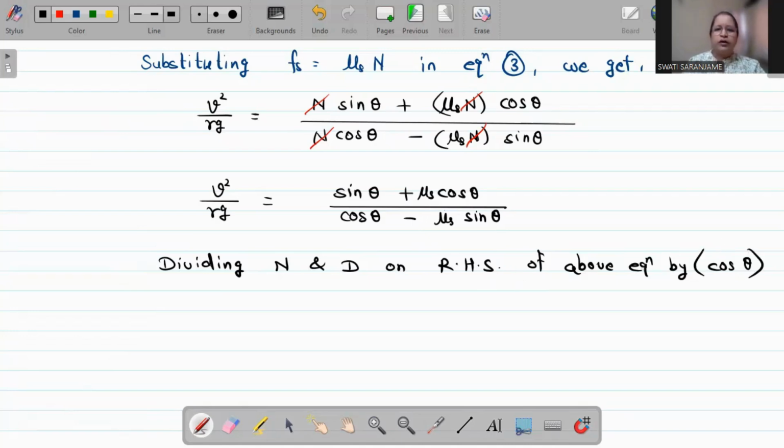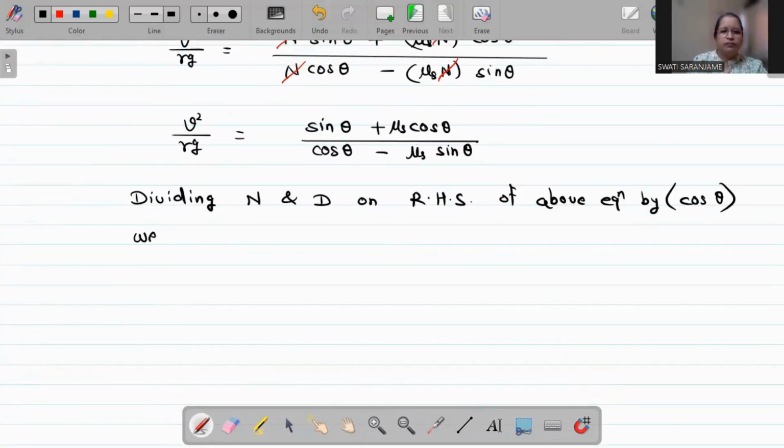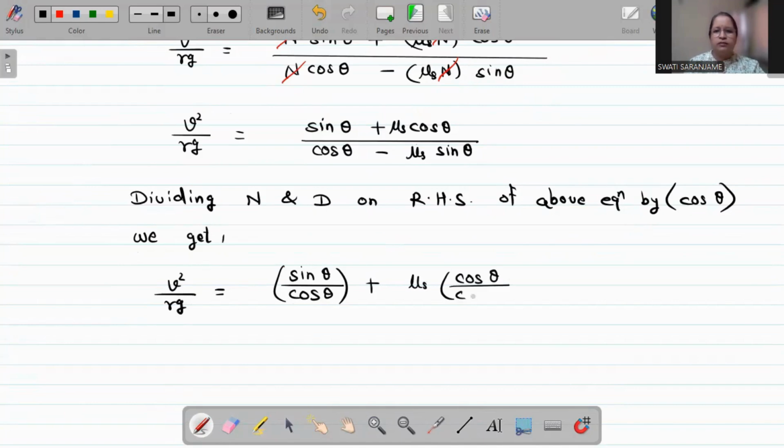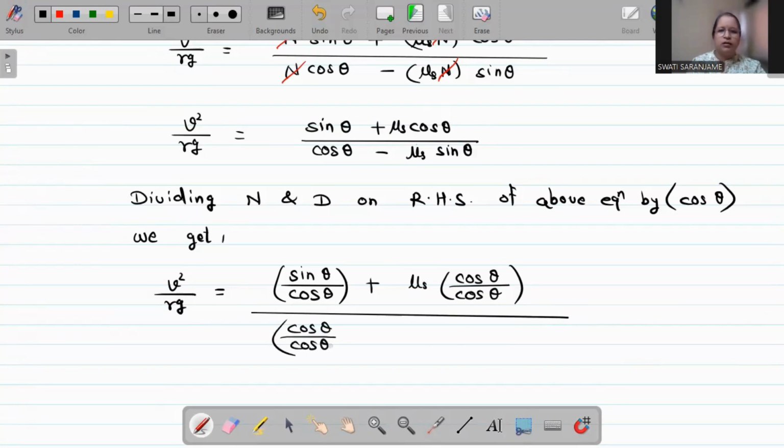Dividing, we get v square by Rg equal to sin theta by cos theta plus mu s, cos theta by cos theta, divided by cos theta by cos theta minus mu s times sin theta by cos theta.